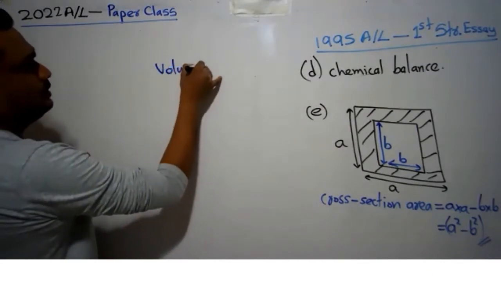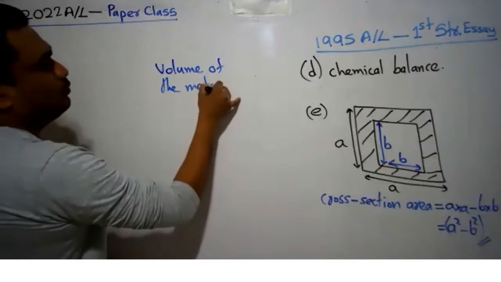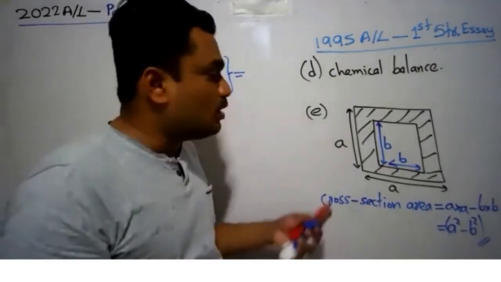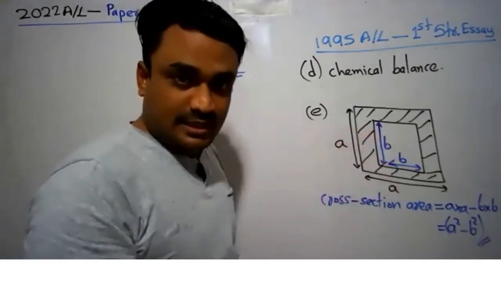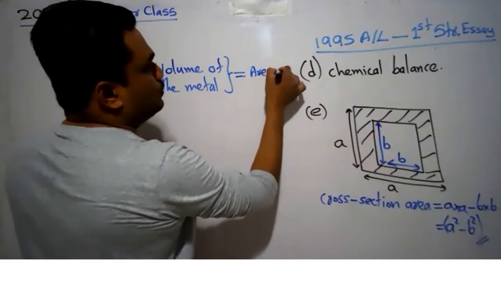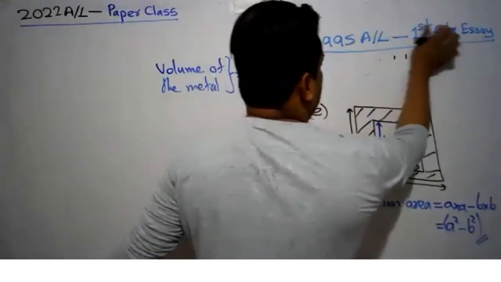Volume of the metal. I think you remember this equation from O level. The volume of a uniform object is equal to cross-section area into length, or here it is thickness.